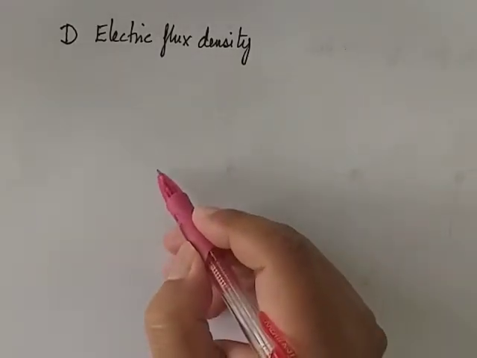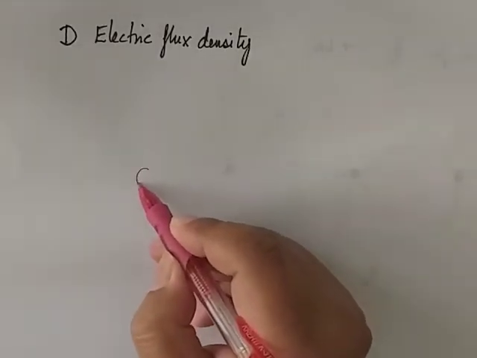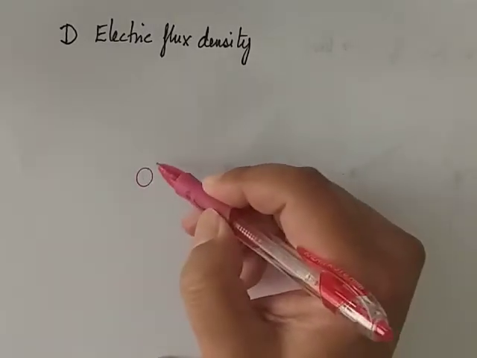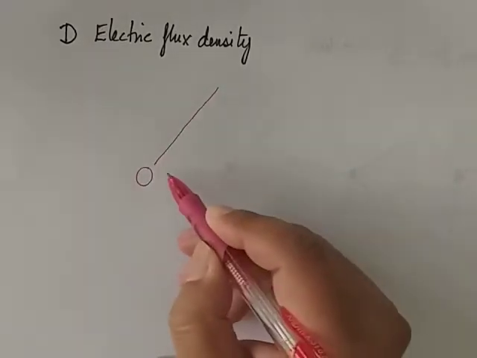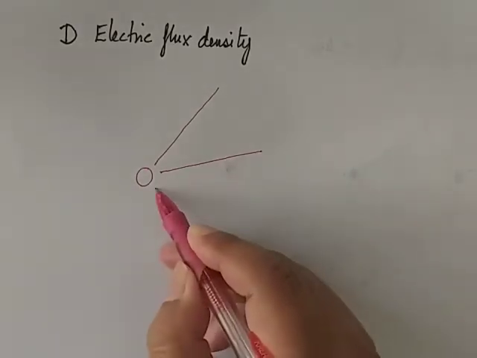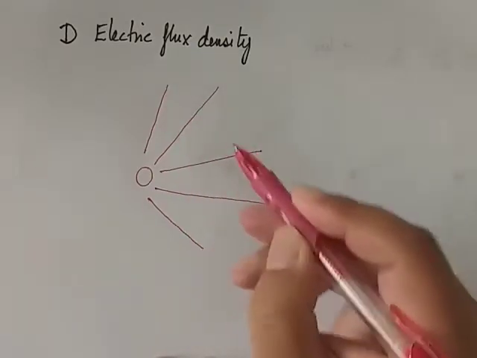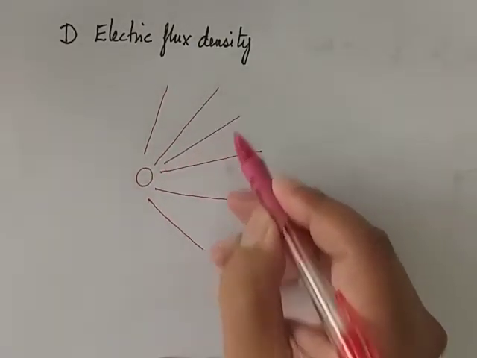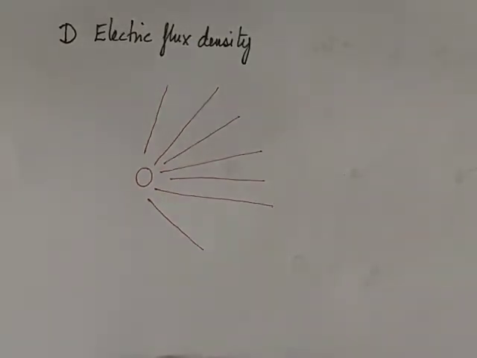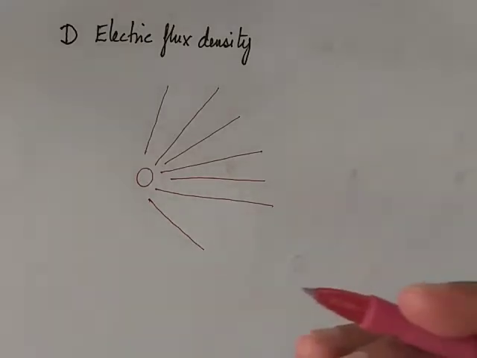We have been informed before, when you have a source, let's say a point charge, it's going to produce electric flux. I'm just drawing part of it. So that should be what we assume at the level we are at the moment. We can say there's going to be lines emitted by the charge.